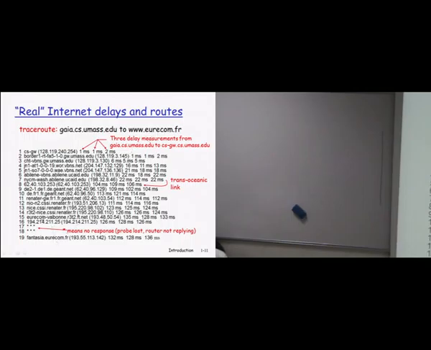Here, if stars are coming, it means no response. Probes are lost, the router is not replying. It could be due to a firewall or because ping is blocked, because traceroute basically uses ping to transmit packets to check the delay. Ultimately this is the final, and this is the sum of all these.